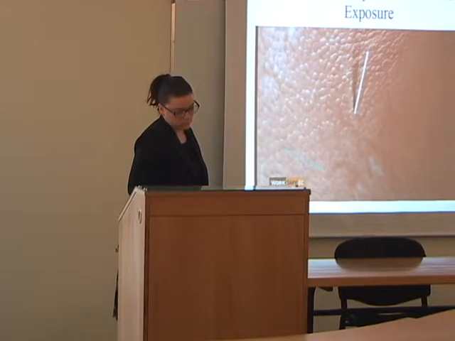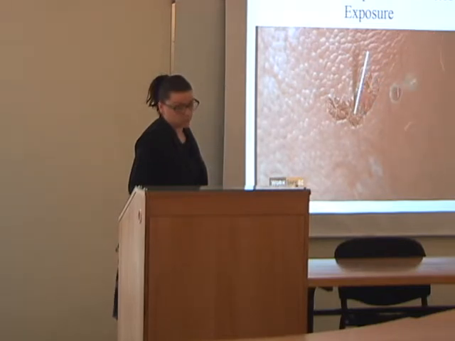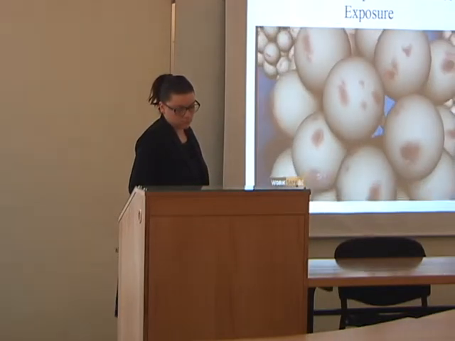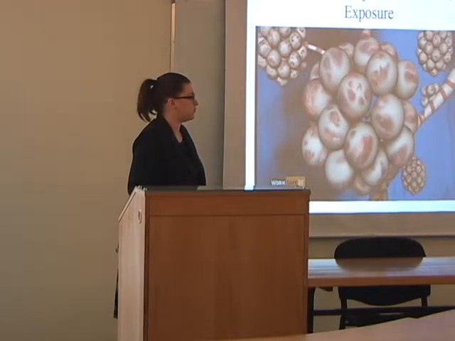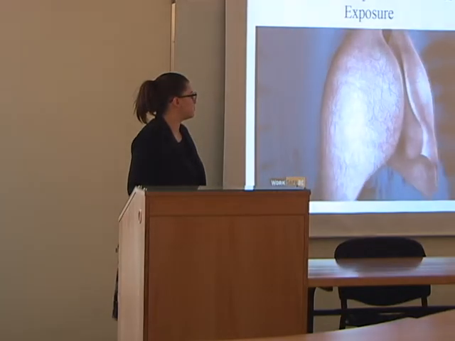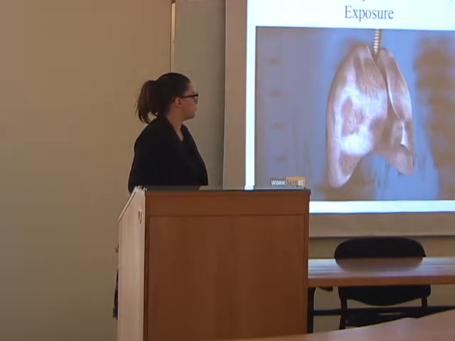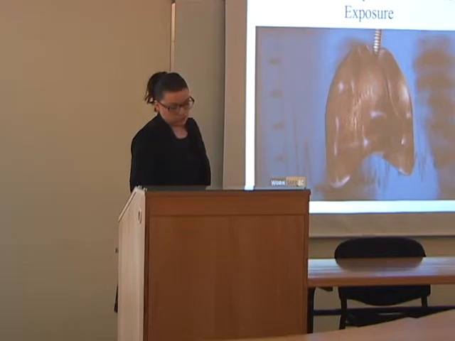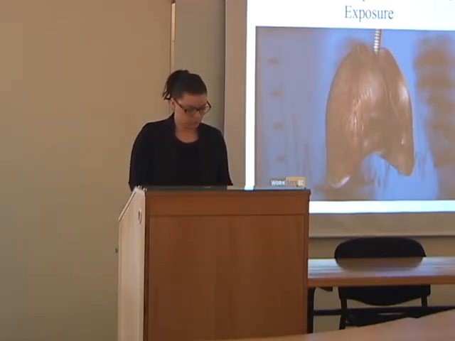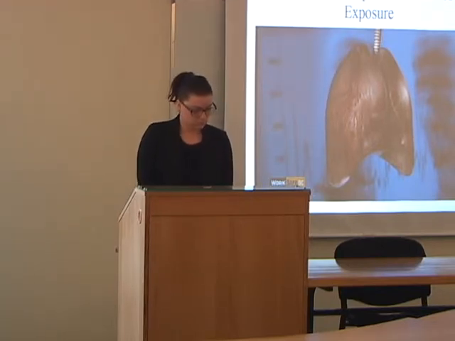The fibers lodge in the delicate lung tissue where oxygen is absorbed into the blood. Immune system cells try to break down the asbestos fibers and become damaged and die. Scar tissue forms around the dead cells and spreads as more fibers embed in the lungs. Asbestos fibers can remain in the lungs for long periods, and the scar tissue that results continues to develop for many years after exposure.